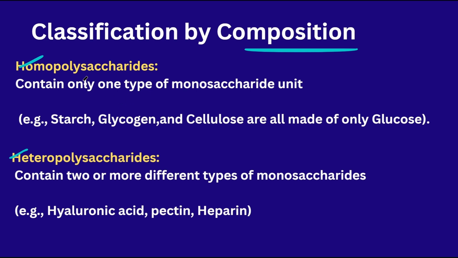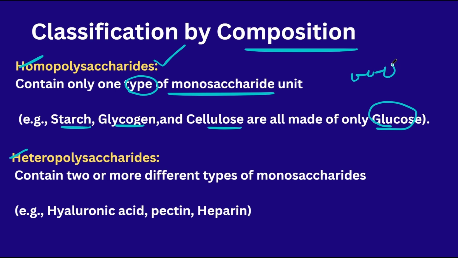If there is only one type, that means all monomeric units are the same, that is called a homopolysaccharide. Examples are starch, glycogen, cellulose. They contain only glucose molecules bonded to form the homopolysaccharides.